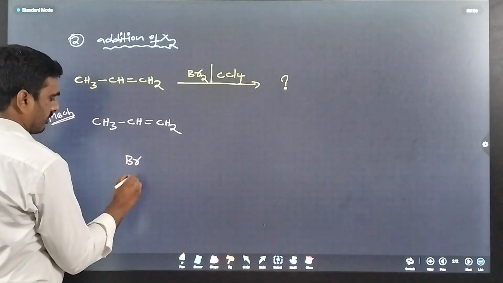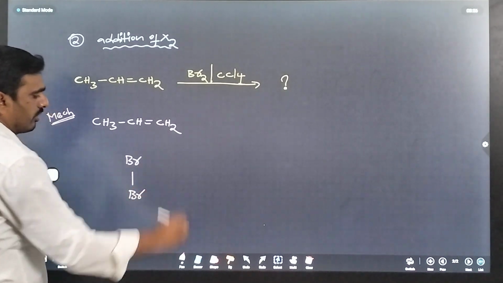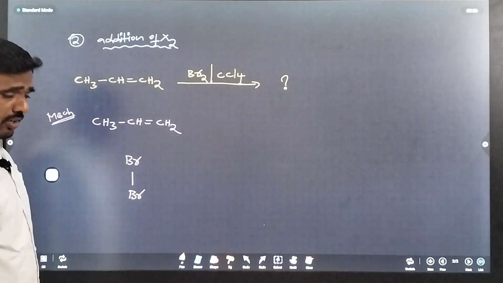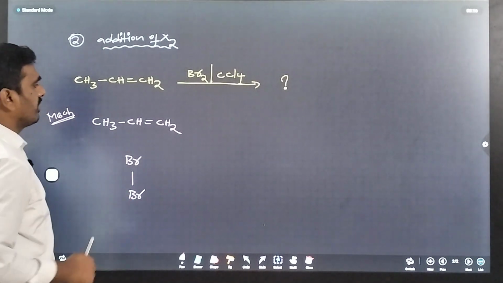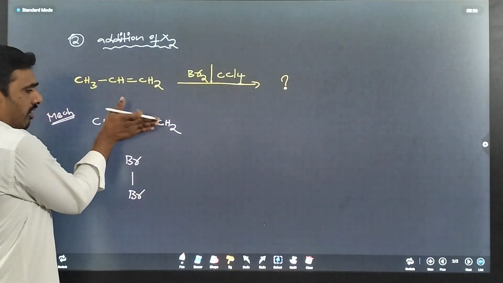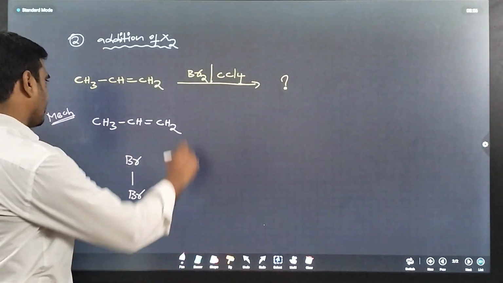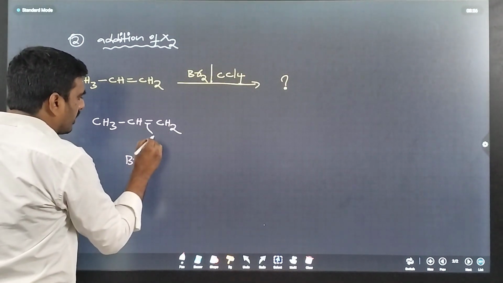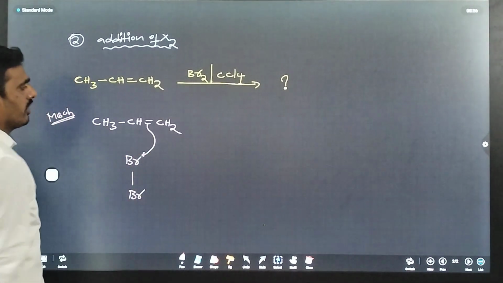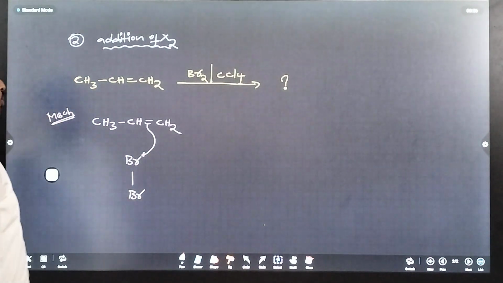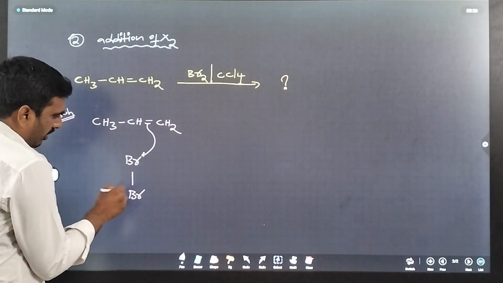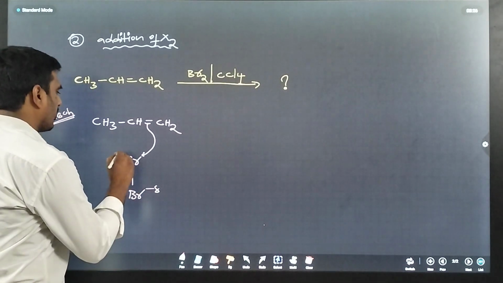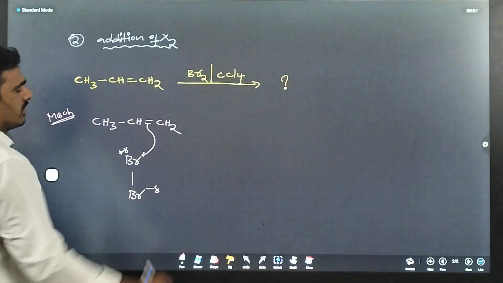The electronegativity difference between the bromine atoms is 0. The alkene is an electron-rich species, so the electrons are displaced towards the bromine. This bromine gets a partial negative charge, and this bromine gets a partial positive charge.